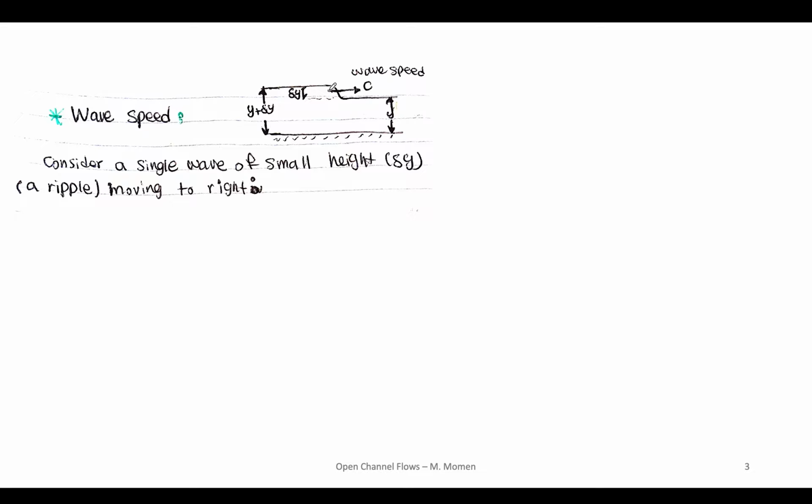So this delta y, because of its height, is gonna move toward the right. Okay, so now I want to find what is the velocity of this wave, or the speed of this wave, based on our governing equations, which are continuity and we can use either a momentum equation or Bernoulli equation. Okay.